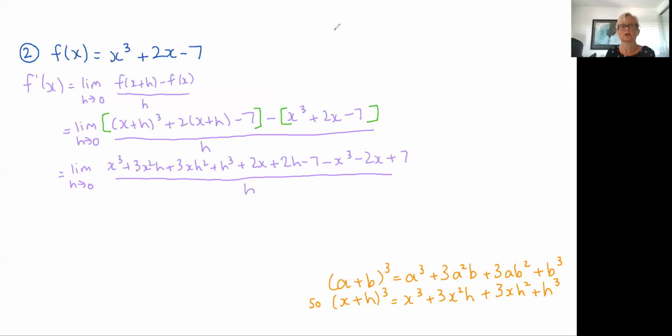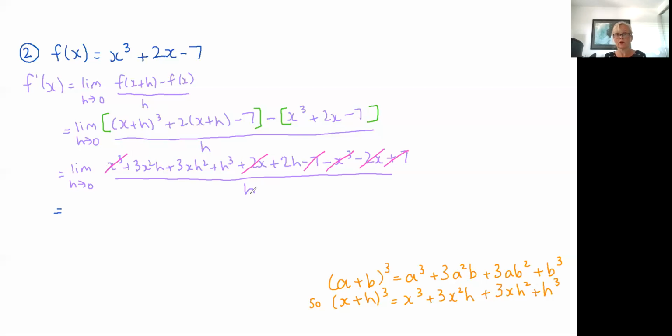Again, let's do some cancelling. We had an x cubed and then we took away an x cubed. We had a 2x and we took away a 2x. We had a minus 7 and then we added 7. So all of those things are going to go. All right, let's proceed. Now, similarly to on the previous page, if you were to sub in h equals 0, you're going to get 0 on 0.